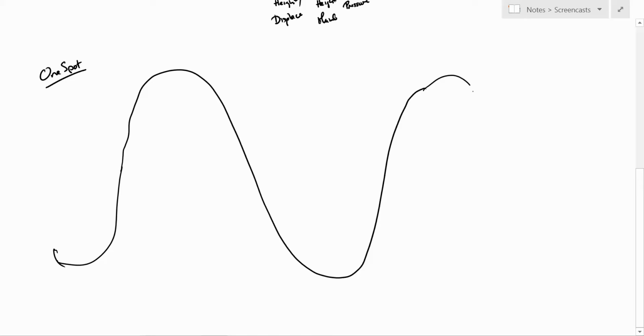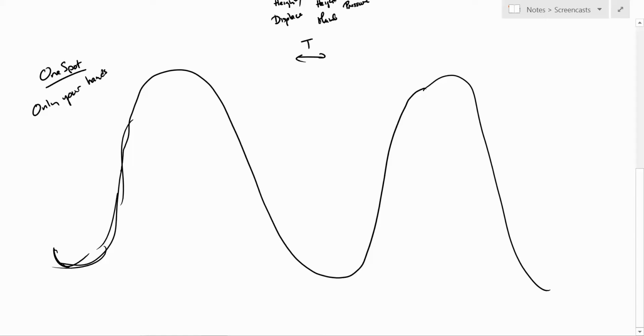Your hands probably also go down. And so this is only your hands. Which means that this is no longer position, but now we're thinking this is time, going left to right. So this, from peak to peak, this time from peak to peak is the period.